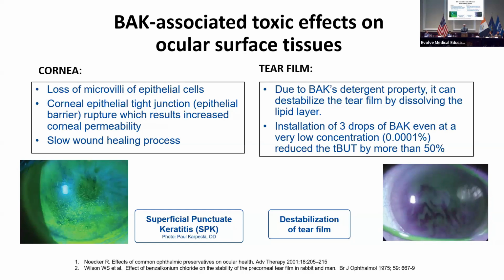But a slide like this reaffirms that we need to look at the cornea. We need to understand that we're using agents multiple times per day on some of our patients, and that the cornea is impacted, the tear film is impacted, we're damaging and in some cases destroying and killing epithelial cells. The detergent properties of BAK will destabilize the tear film.